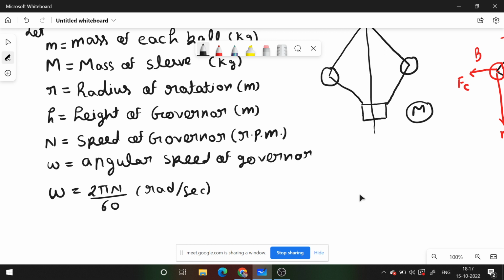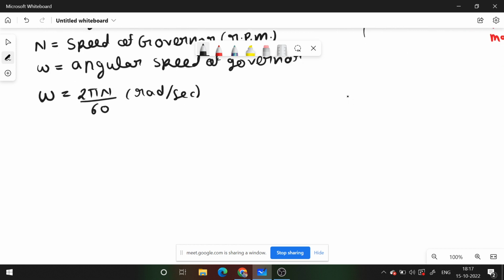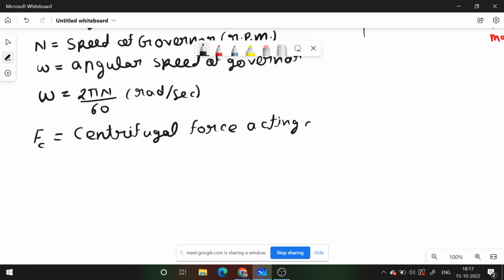Fc is equal to the centrifugal force acting on the ball. Fc is equal to m r omega square in newtons.